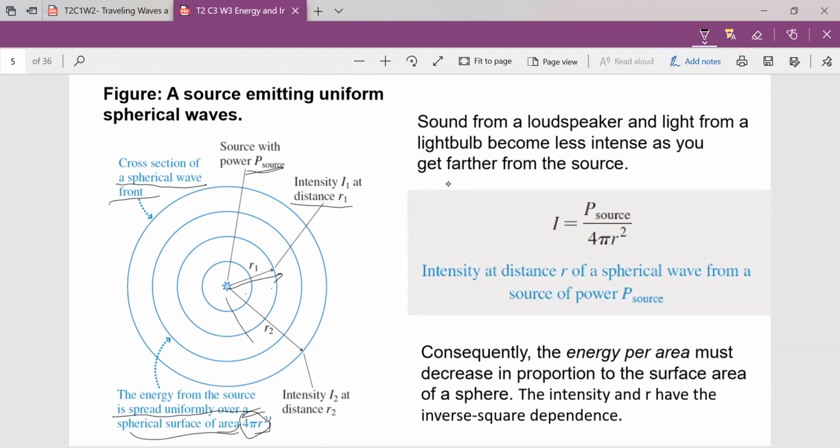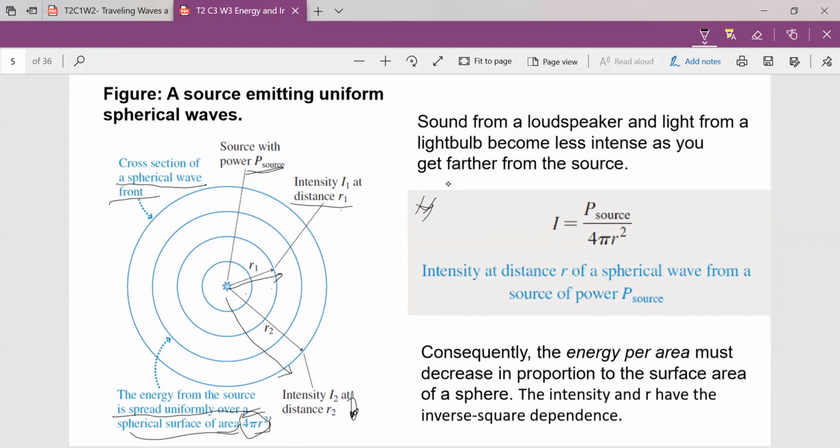We have another distance from the source to about the fourth crest. The intensity I1 at distance R1, when compared to the intensity I2 at distance R2, will tell us from the formula the relationship of intensity to distance. Now let's look at that in this formula.